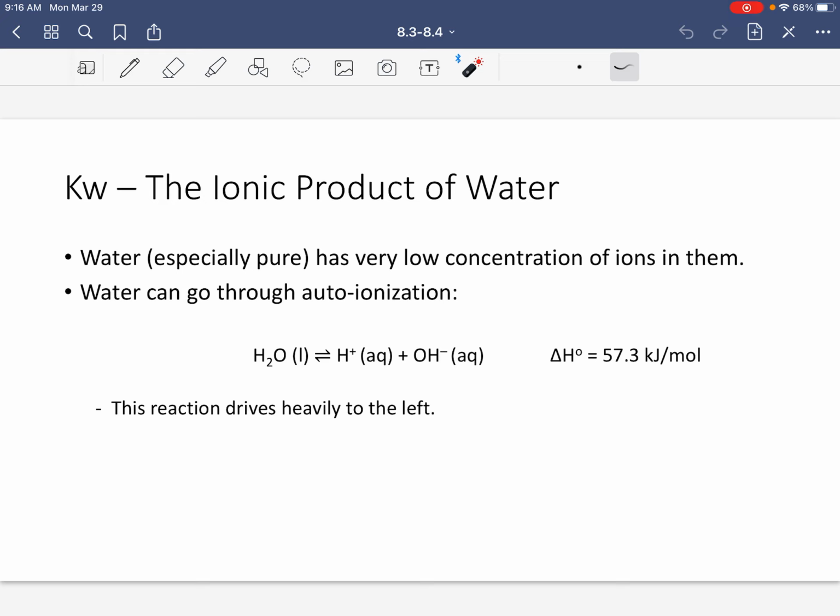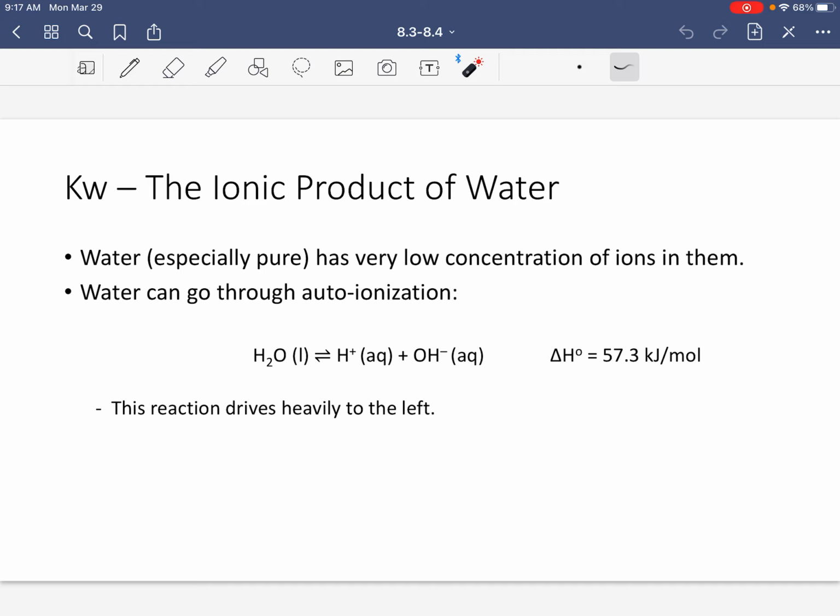So you can pretty much bet that if you increase the temperature, let's say you're boiling water, so it's near boiling point rather than room temperature, you can expect the reaction to proceed forward.